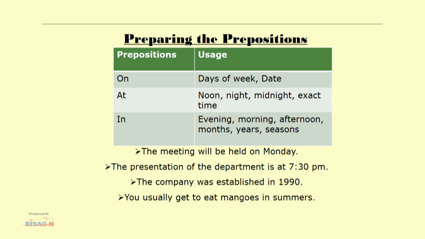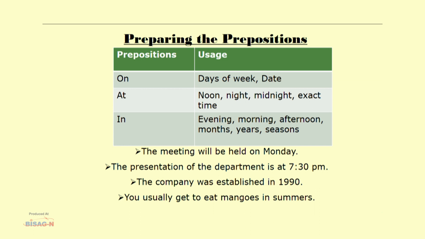So in short, when candidates mention the exact time, or when you get a gap-filled question where you have to fill in at, and right after the gap you have the exact timing mentioned, always fill the gap with at.